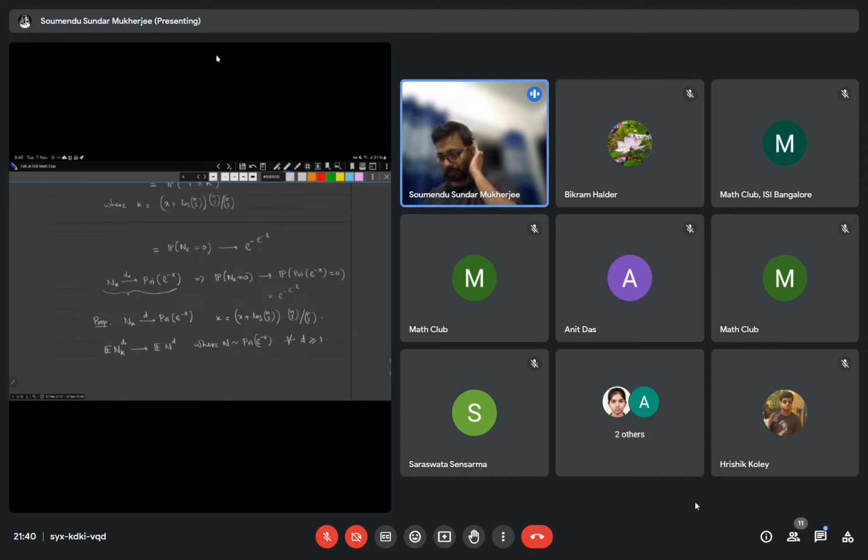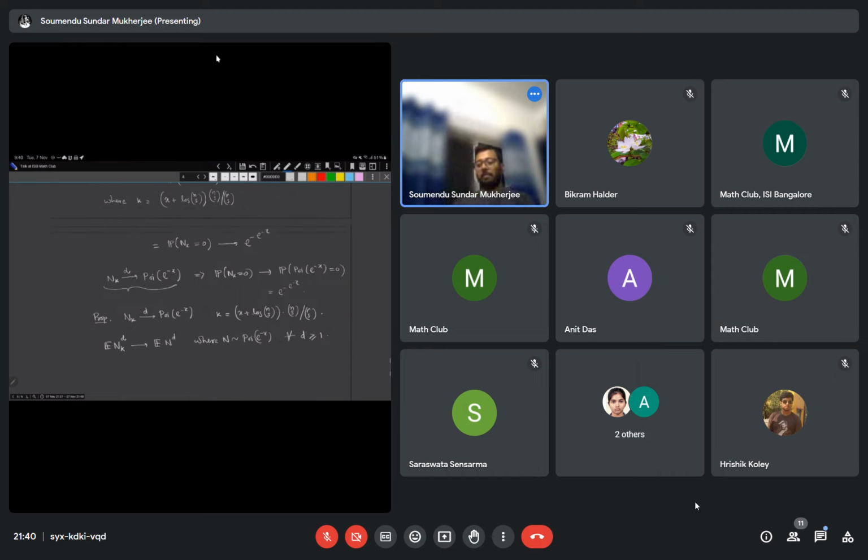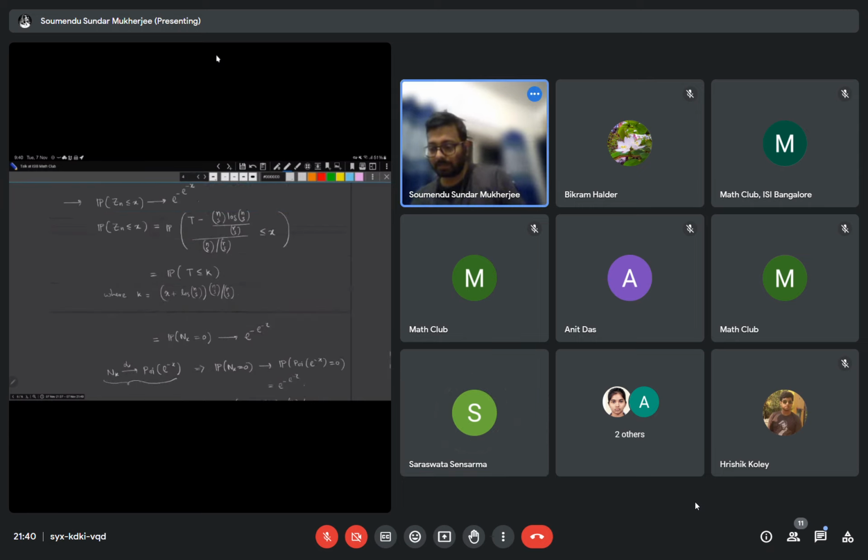Convergence in distribution is in this case equivalent to convergence of all the moments. So if you can show this, it would follow from the previous proposition.